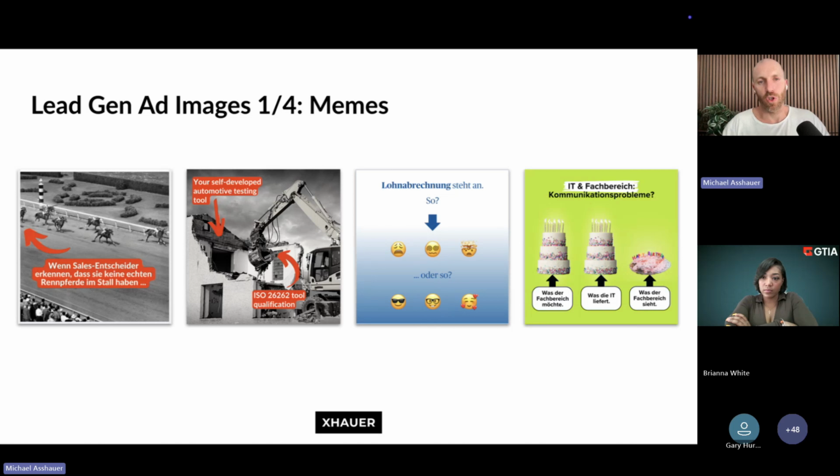Memes basically show the mirror to your potential clients and show them a situation out of their daily work lives that they know from their company. And then they are like, ah, yeah, true, that's pretty similar to how we experience it over here in our company each and every day. Here, for example, is a nice example: your self-development automotive testing tool, and then this ISO comes into the game.